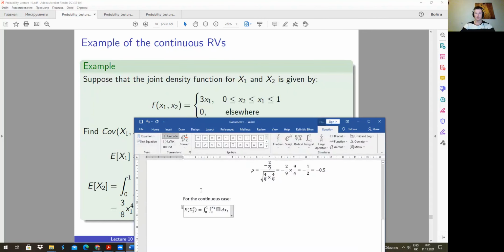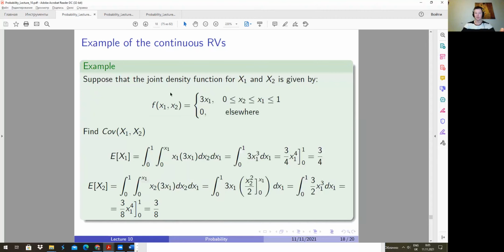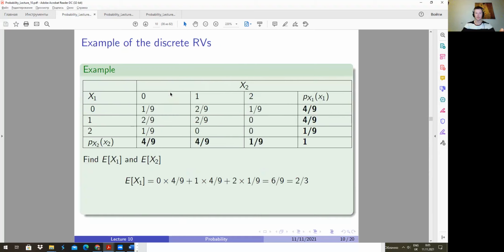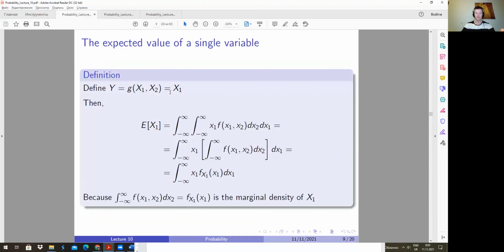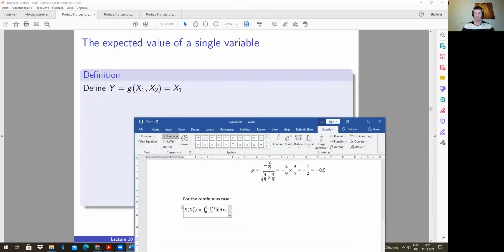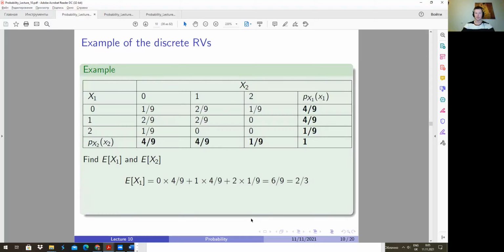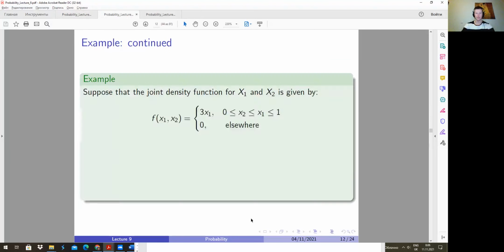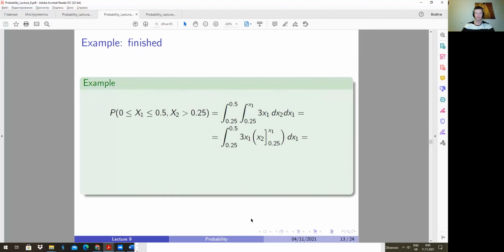And look, now when I calculate this x1 squared, I employ the same property as we introduced here. So I define a function of x1 and x2 as x1 squared. And then I multiply this x1 squared by the density. Do we have marginals for this from the previous lecture?